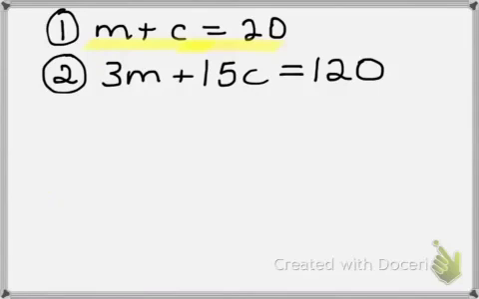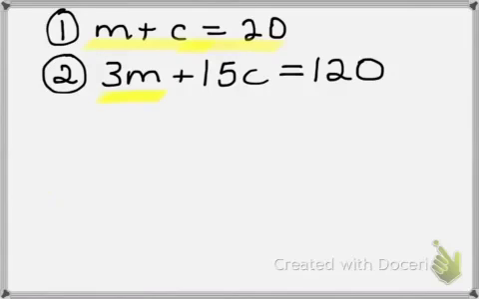So I see here the coefficient in front of m is the smallest, it's a 3. So why don't we eliminate m first to solve for c? So what do we need to multiply number 1 by in order to get it to eliminate the m? Right.